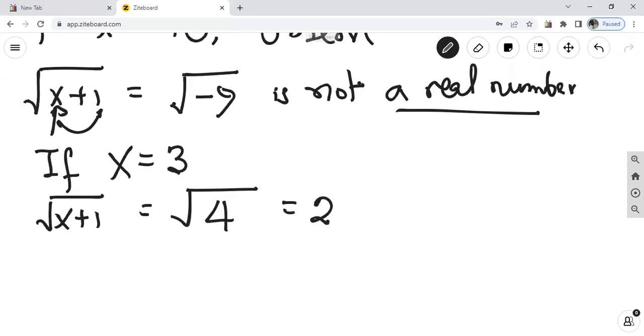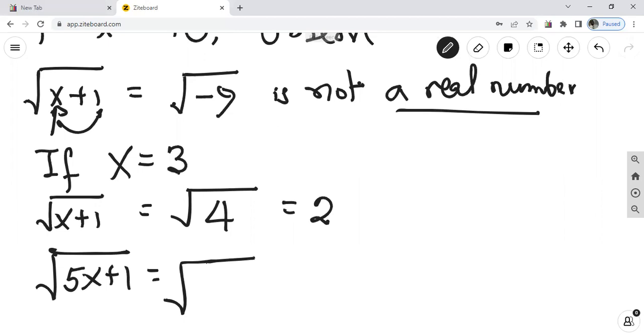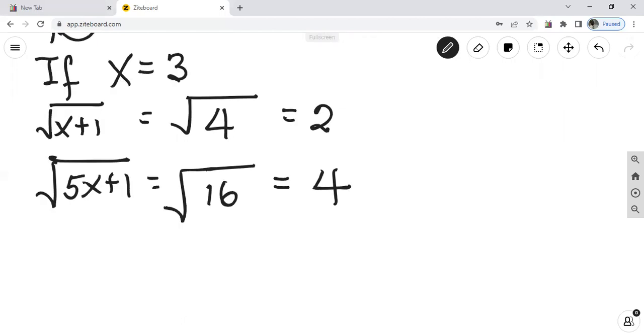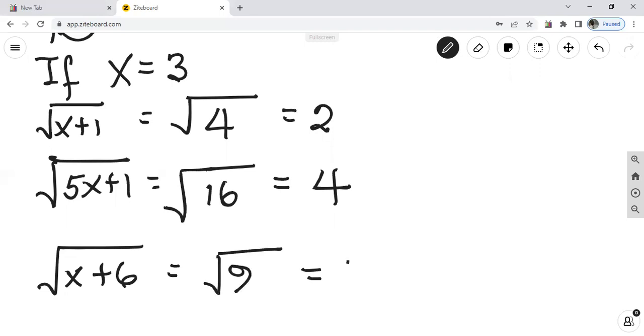You can try that for the square root of 5x plus 1. What do you observe? 5 times 3 is 15, plus 1, that's 16, and taking the square root of 16, you get 4. And also, for the square root of x plus 6, x is 3, so we have 3 plus 6, that's 9, and the square root is 3.